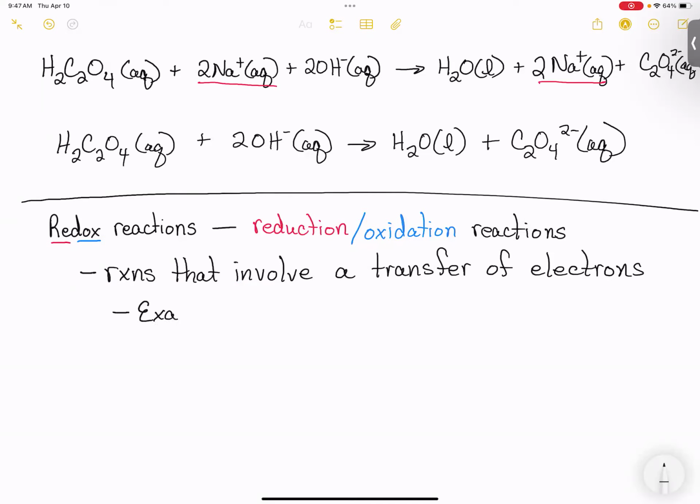Examples will include single displacement reactions.